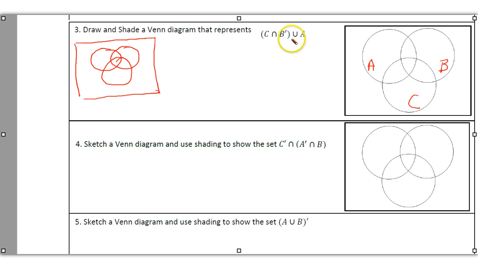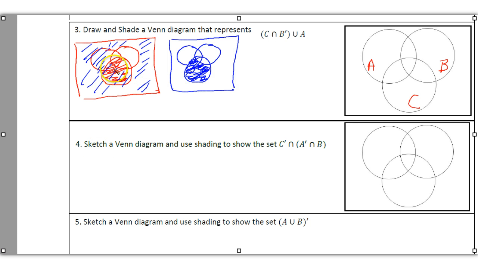We're going to do what's in parentheses first. We want to see the intersection of C with the complement of B. So I've put in shaded set C. I'm now going to shade the complement of B, everything that's not in B. So the parts where there are red and blue are these right here.